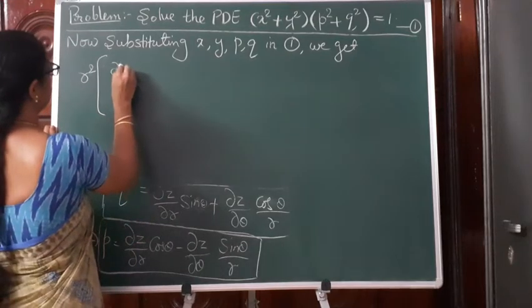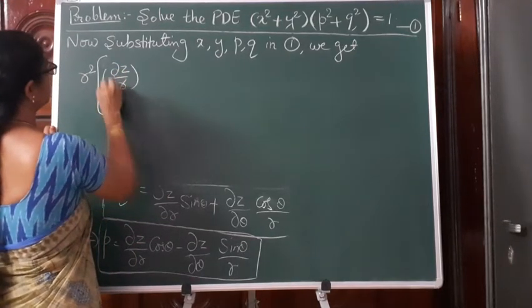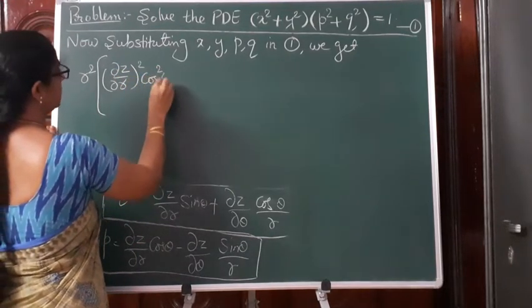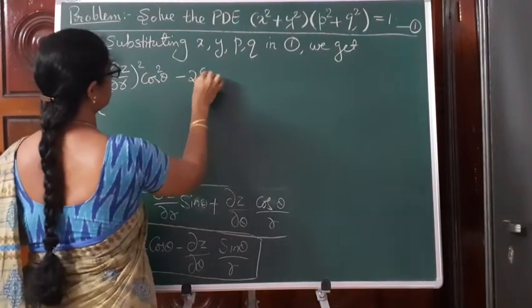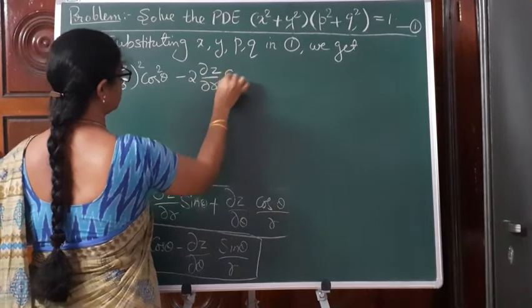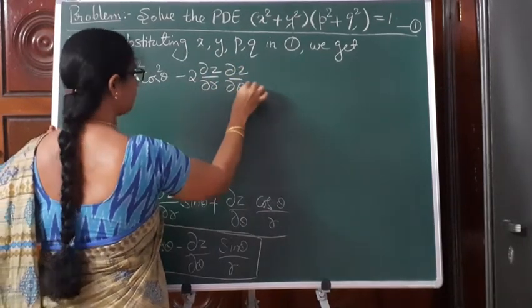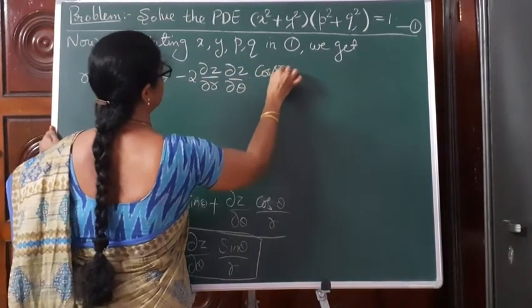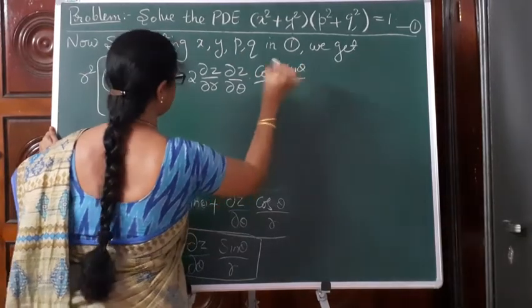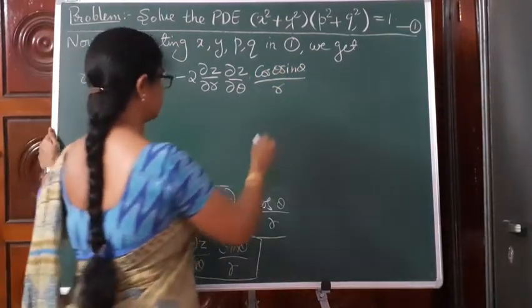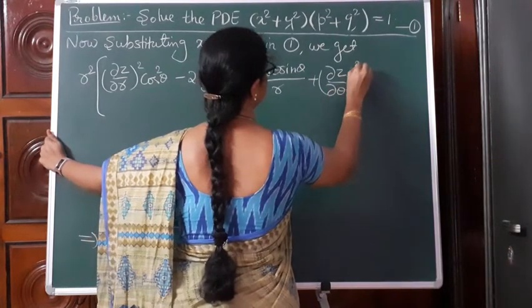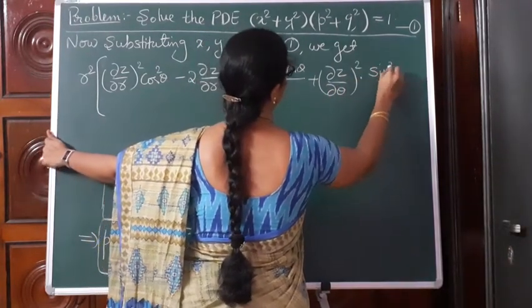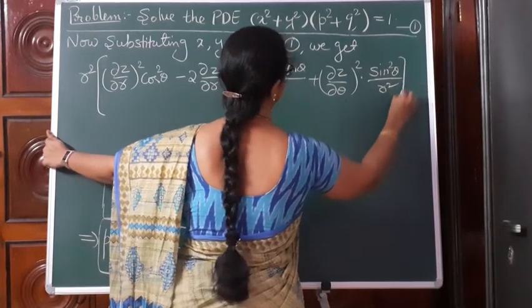It gives (∂z/∂r) whole square into cos square theta, minus 2ab, that is 2 into ∂z/∂r into ∂z/∂θ into cos theta into sin theta by r, plus b square, that is (∂z/∂θ) whole square into sin square theta by r square. This is p square.